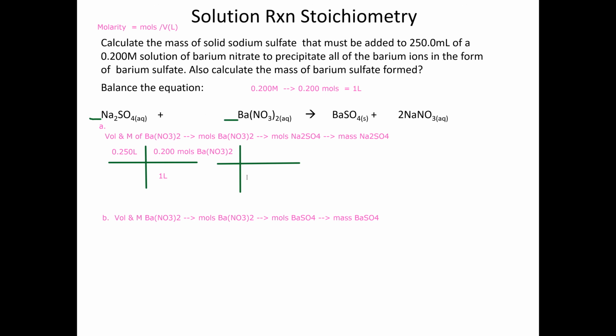So we know that 1 mole of barium nitrate needs 1 mole of sodium sulfate. So now we have the moles of sodium sulfate, then we need the mass of sodium sulfate. And so we need the molar mass of sodium sulfate.